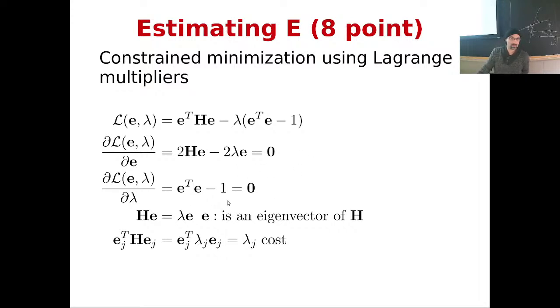So this is the derivative of the function subject to the constraint, and this is the constraint itself. Okay?